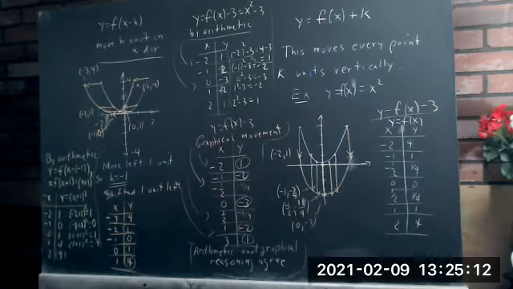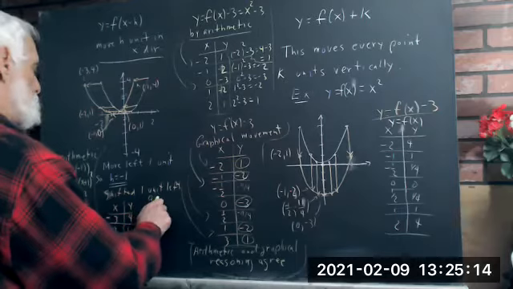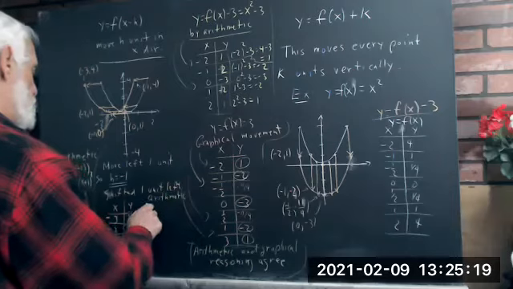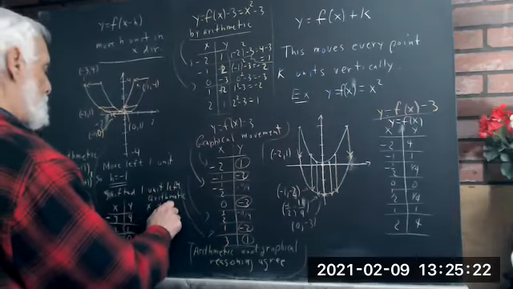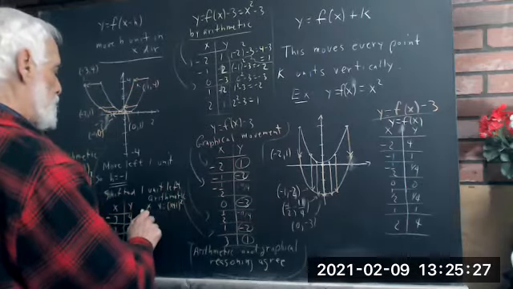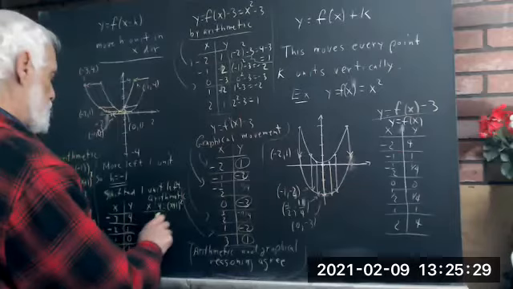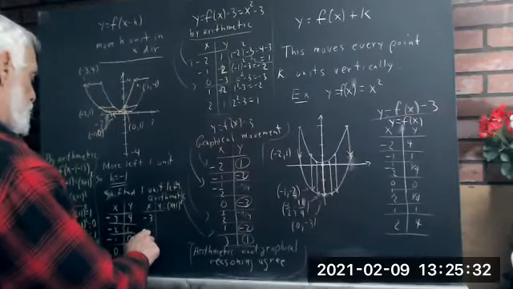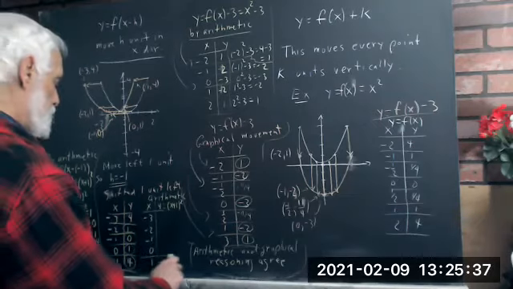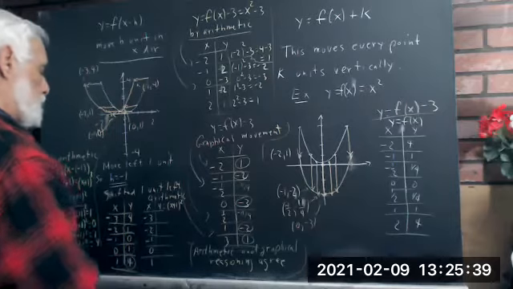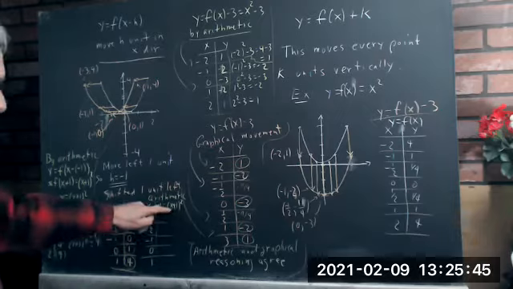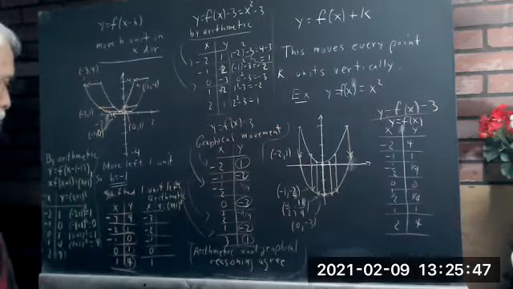If I do it by arithmetic, you can verify if x is negative 3, x plus 1 is negative 2, and negative 2 squared is 4.